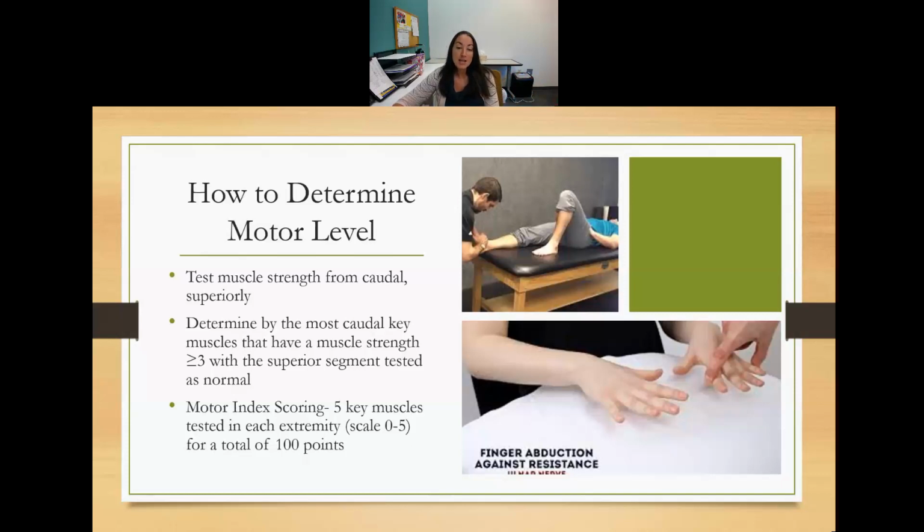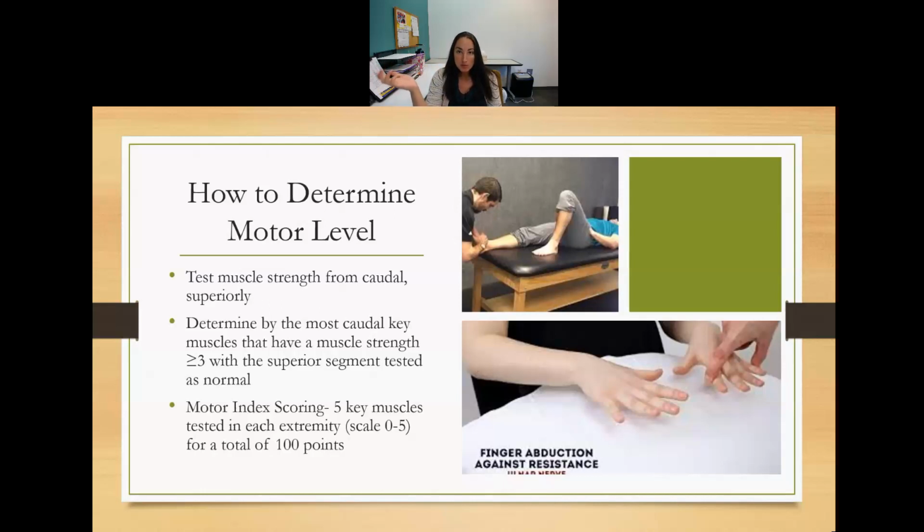And you give them a grade on each of those key muscles, and then you total up their score. So if they had a 5 out of 5 strength in their biceps flexors and their tricep extensors and all of their key muscles throughout the arms and legs, then it would be 100 points, and that would mean they are normal.